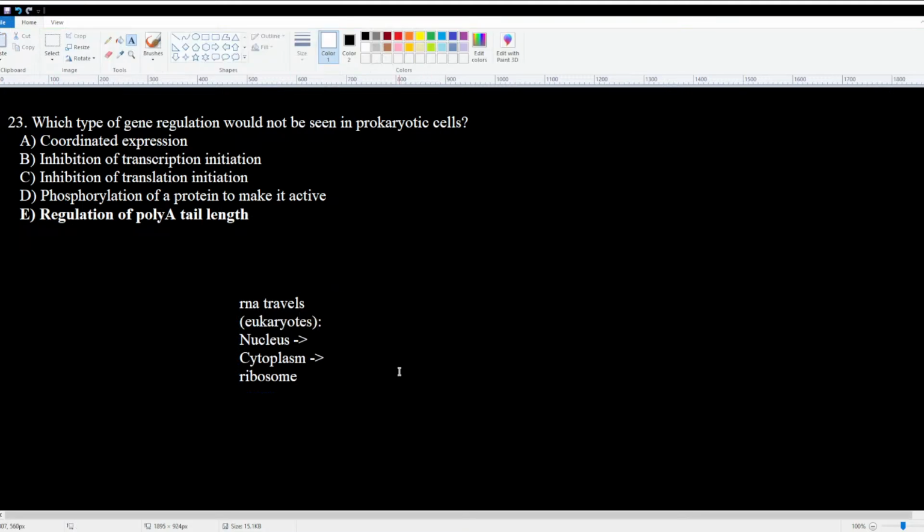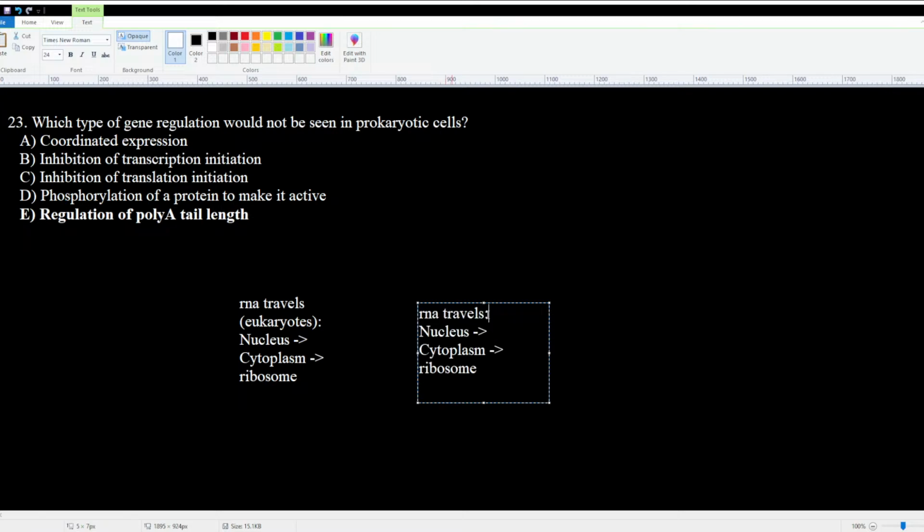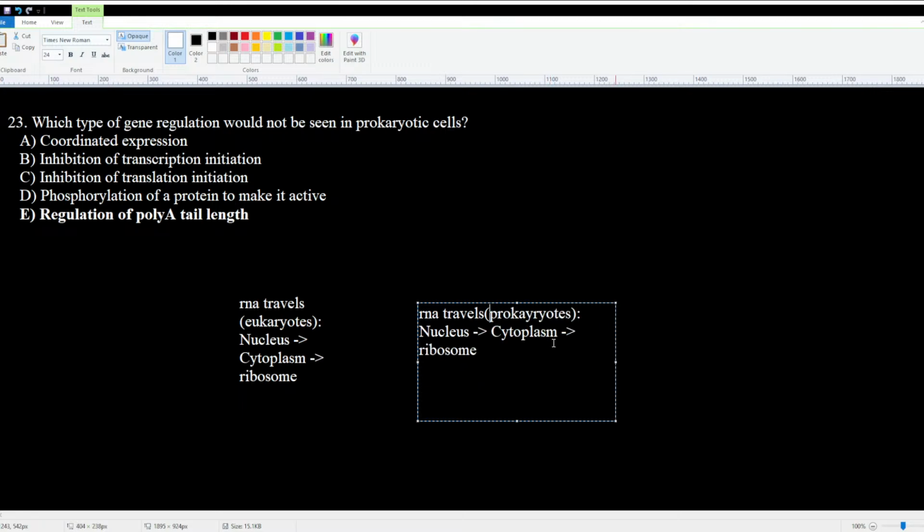Now, in prokaryotes, we go straight from the DNA to the ribosome.